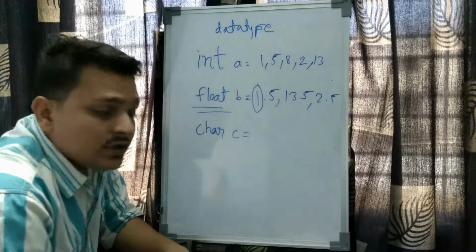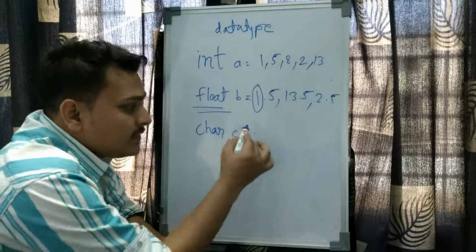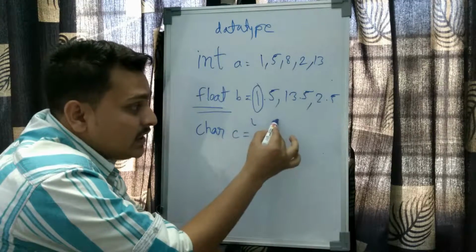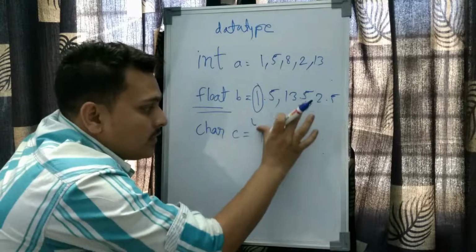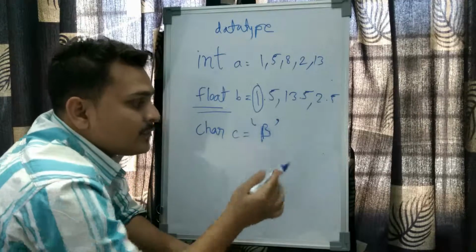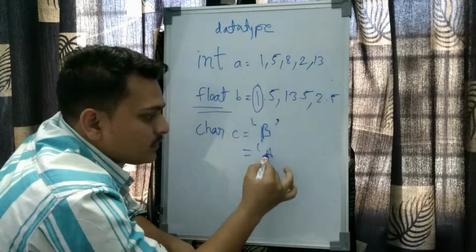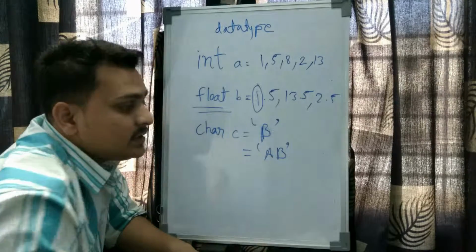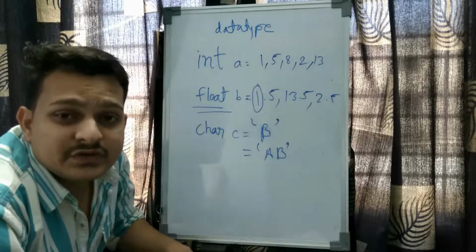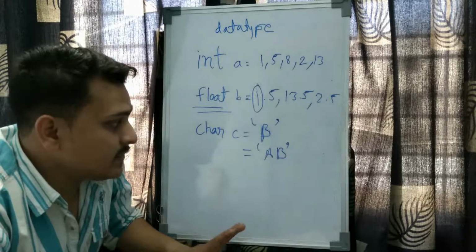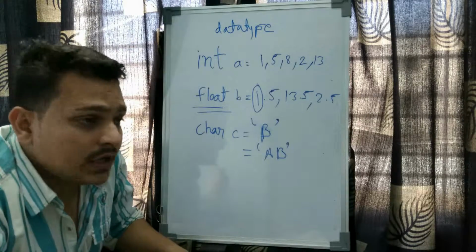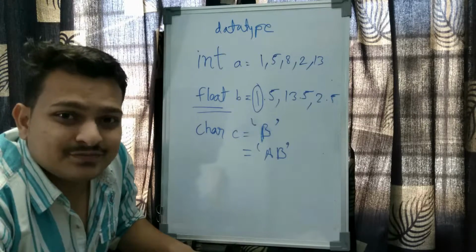And in character you can only save a letter, only one letter like A or B. You cannot put both together or it will give you a garbage value on the console screen. So this is needed to understand for embedded C coders, and we will execute this in our next video. Thank you.